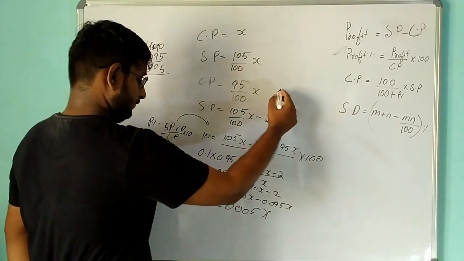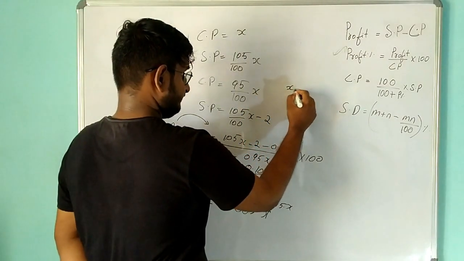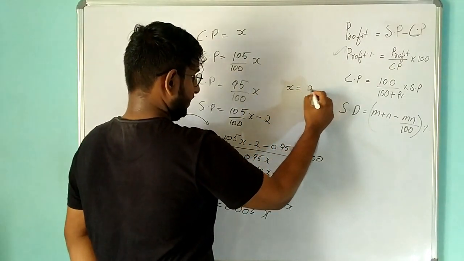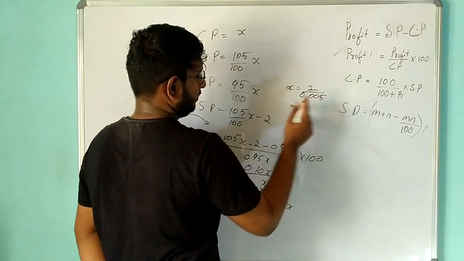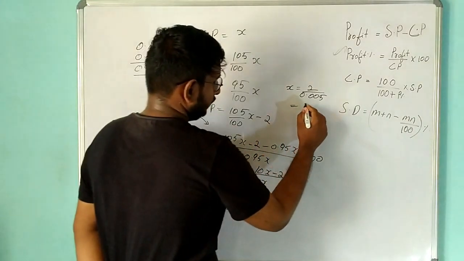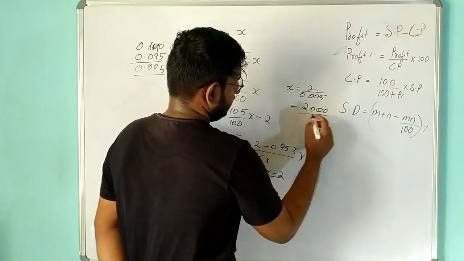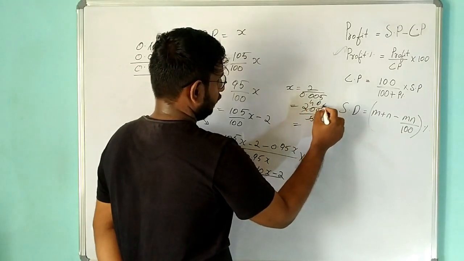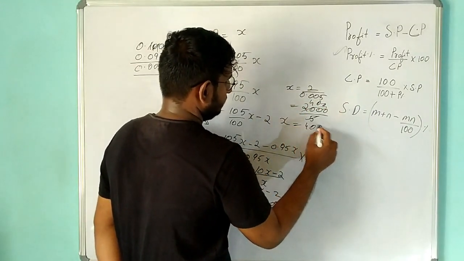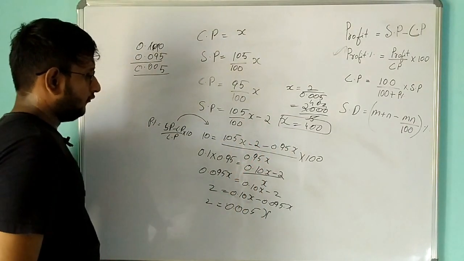So x will be 2 divided by 0.005. I can multiply this by 1000, so 2000 divided by 5. 5 fours are 20, so x will be 400.